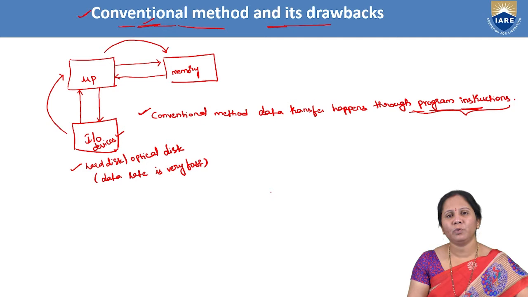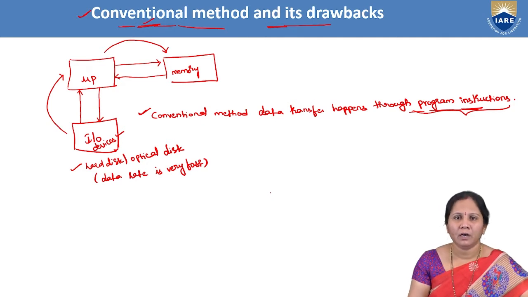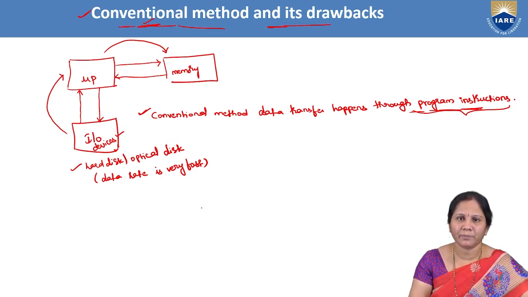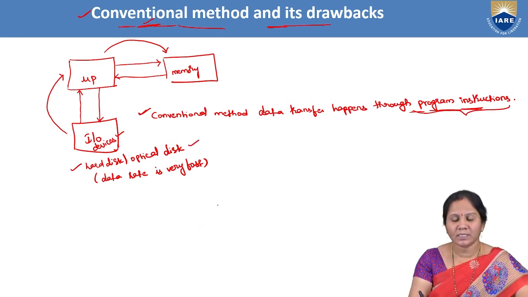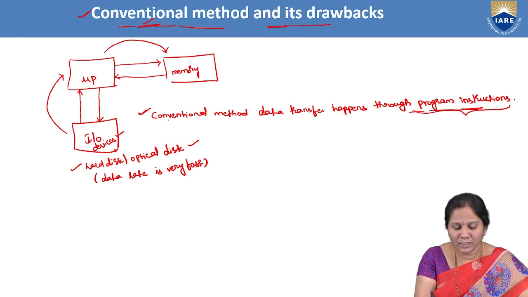Generally, how the program instructions will be taken by the microprocessor means, in order to fetch the instruction, decode and execute that particular instruction, it will take a large amount of time. That means it will take more time compared to the data transfer based on these fast devices. So in such cases, what is the drawback?